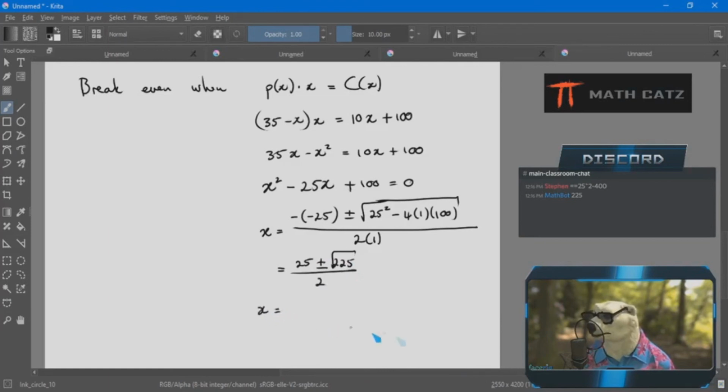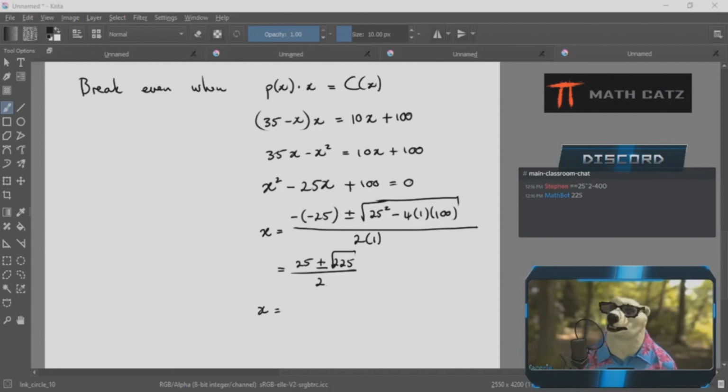So x is equal to what I get when I plus and what I get when I minus. 2 options. When I look at the equation outside of the practical context, there could be negative numbers here, whatever answer. I then have to see which one makes sense when I look at the practical problem. So we'll just do them both. 25 plus square root 225 divided by 2.